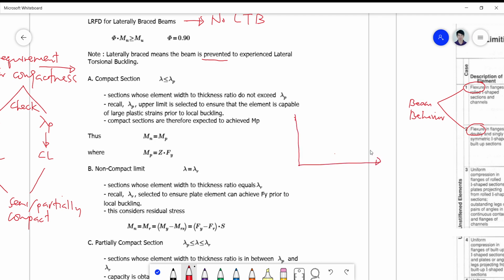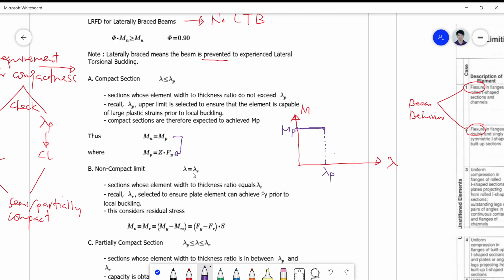So this is now your moment versus lambda, wherein your plastic behavior falls within this value of Mp. So your lambda p is now this value. If your section is less than or equal to lambda p, you are assured of a plastic moment capacity for your Mn, which can be computed very easily by simply multiplying the plastic modulus with Fy.